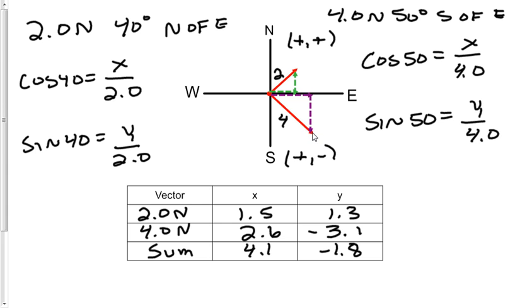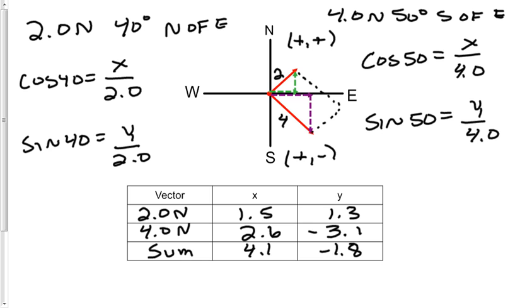Remember, we will be then drawing a parallelogram here. And the resultant vector will be from this position out to where those two sides of the parallelogram meet. Since the diagonal is a vector, it will also have x and y coordinates with it. 4.1 is the x coordinate, negative 1.8 is the y coordinate.